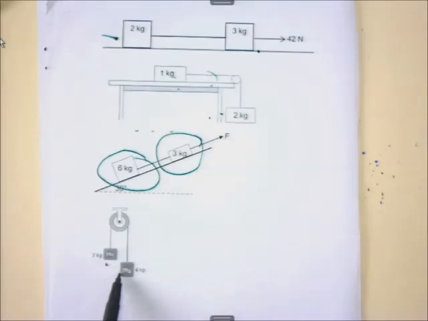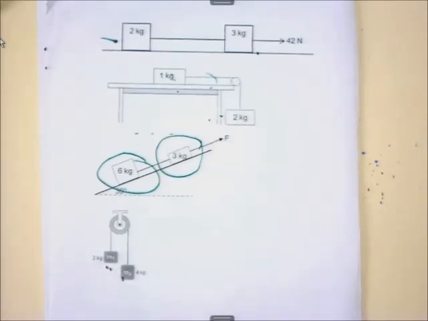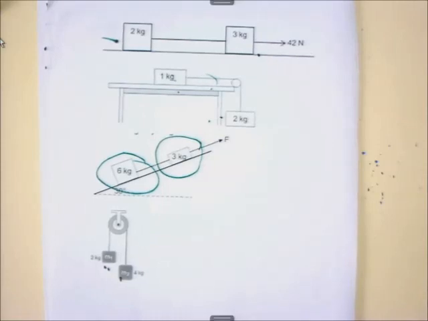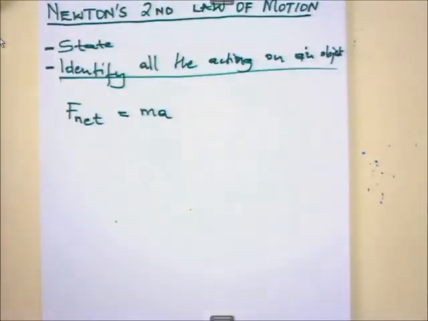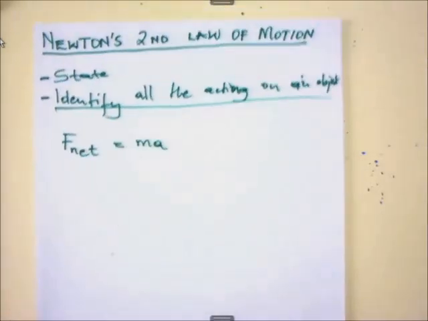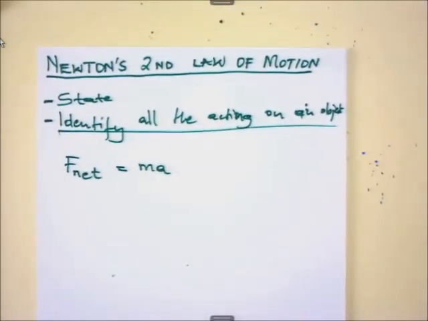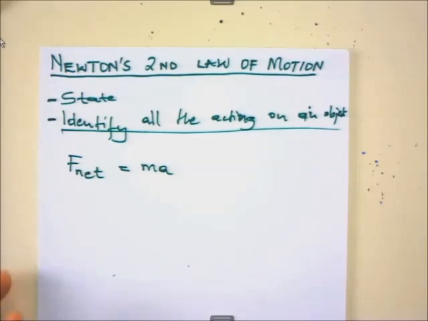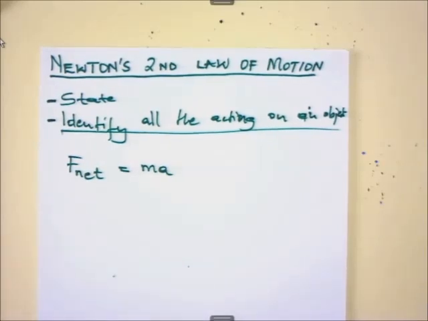Then you must also be able to identify the forces acting on that block. Which means you must go back to your grade 11 work and revise when the teacher was introducing the forces acting on an object and the types of forces that we will identify.